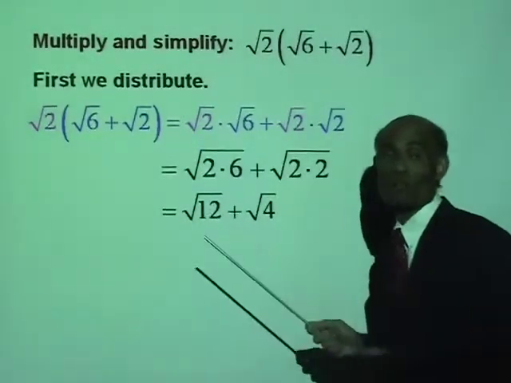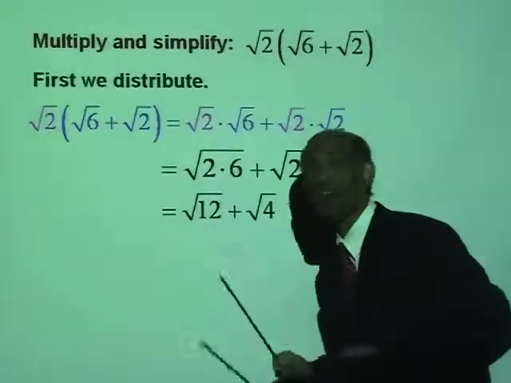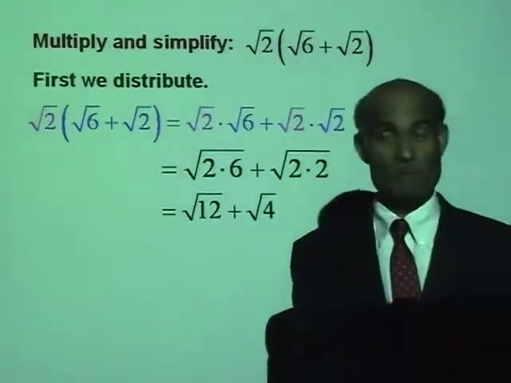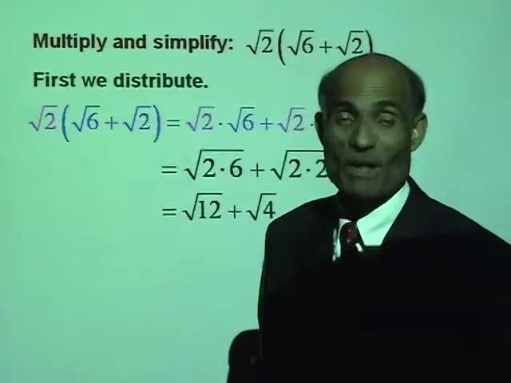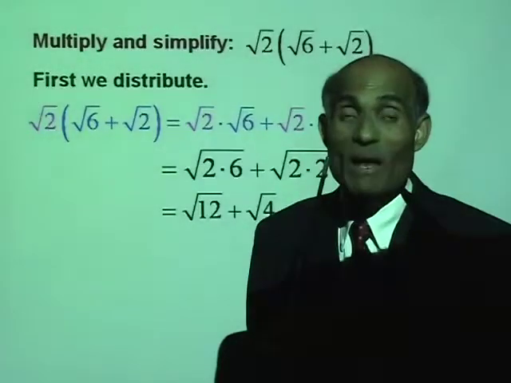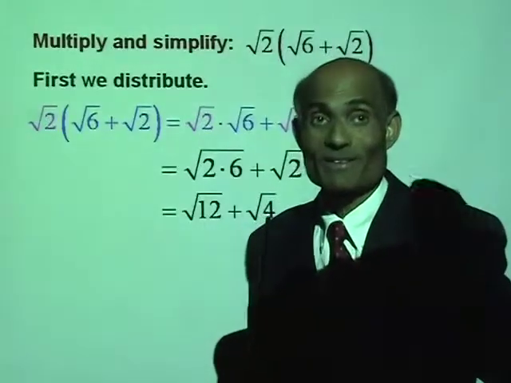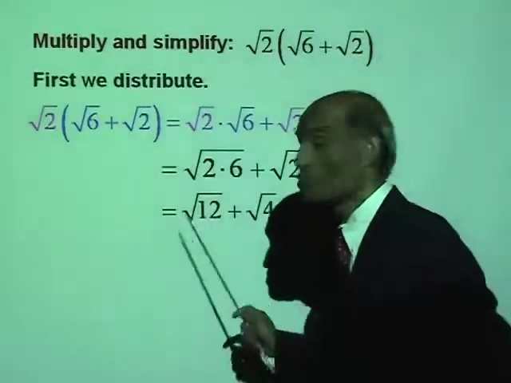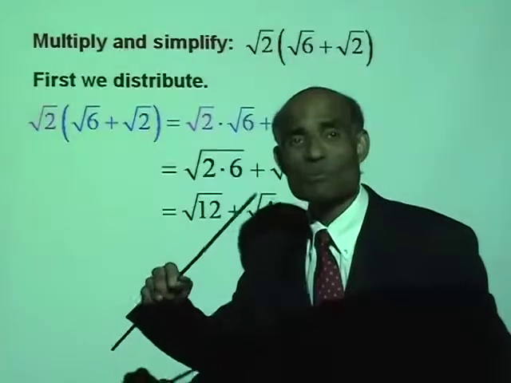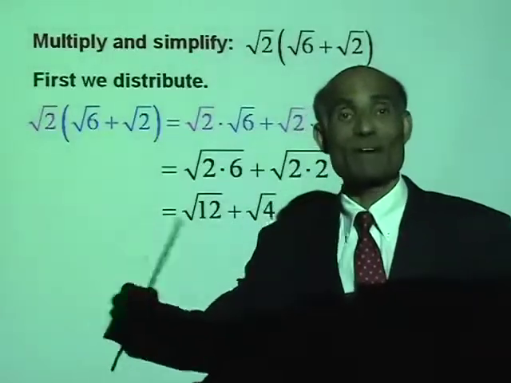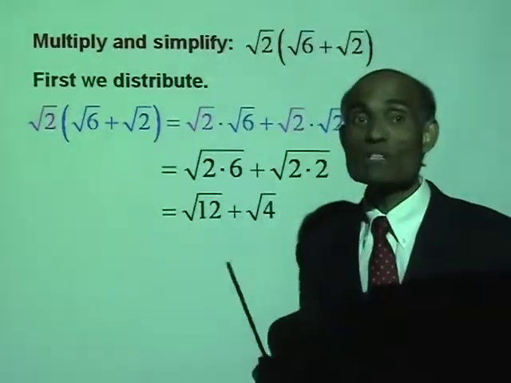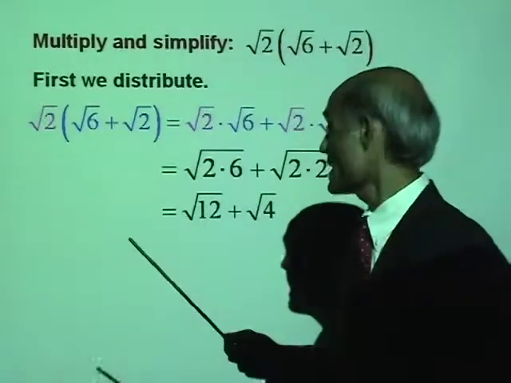Square root 2 times square root 6 is square root of 2 times 6, which is square root of 12. Can you simplify square root of 12? Write 12 as the product of a perfect square. What is 12 equal to as a product with a perfect square? 12 is 4 times 3.